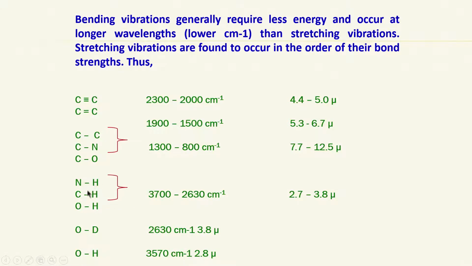All these single bonds containing a hydrogen atom in the functional group appear between 3700 to 2630 centimeters inverse. So, the range is important in this case, but not the exact numbers.